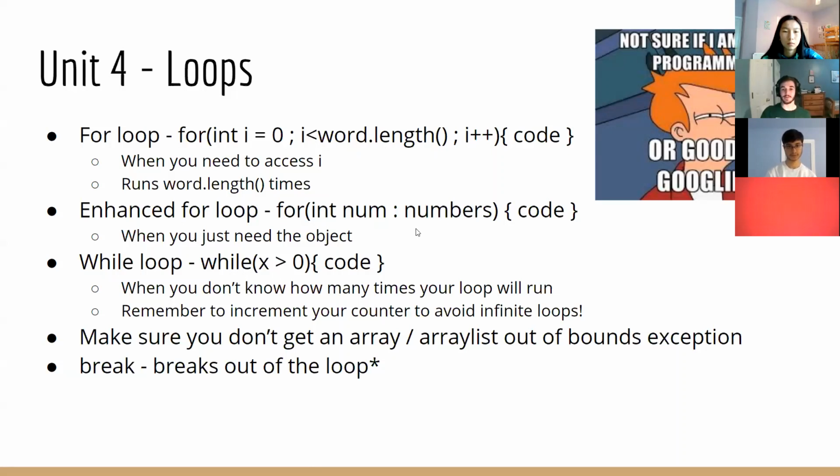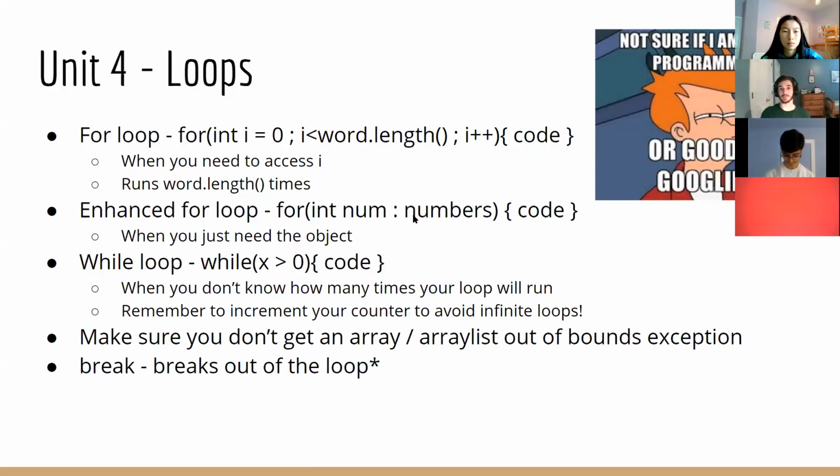For each loop, so numbers is going to be some kind of collection, and this will go through each item in the collection and do something with it inside the loop. So if you need to access a specific element of an array or something, for loops can be very helpful, especially if you're doing things that are next to each other.